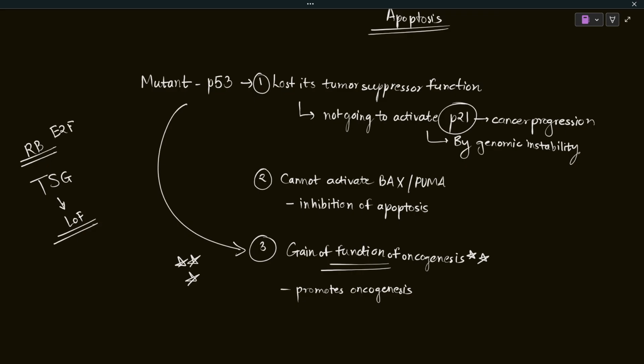This E2F transcription factor is the one controlling the DNA replication genes. So by holding back E2F, retinoblastoma ensures that the cell will not be able to undergo DNA replication, right?